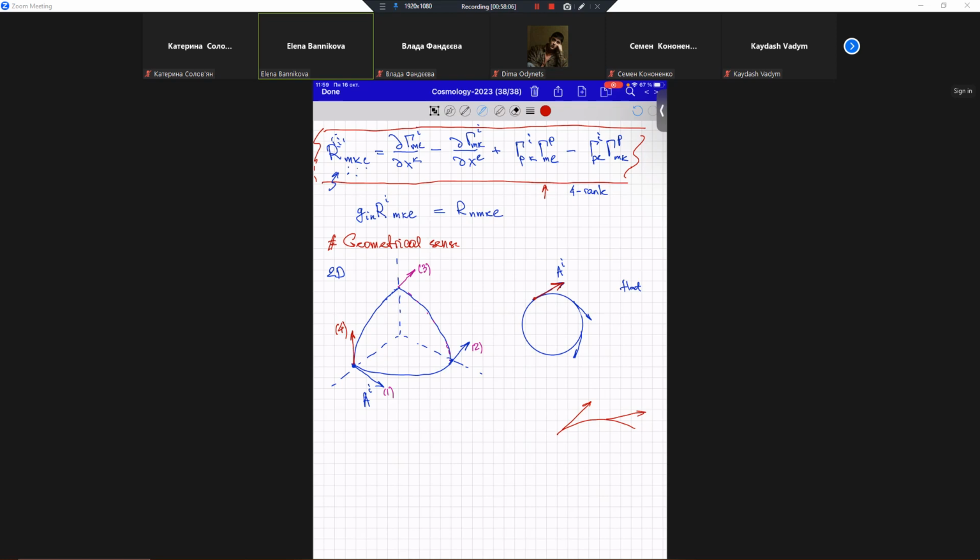Also there is a very important theorem, which tells that, to say it in a simpler way, the space is flat only when all components of the Riemann tensor equal 0.